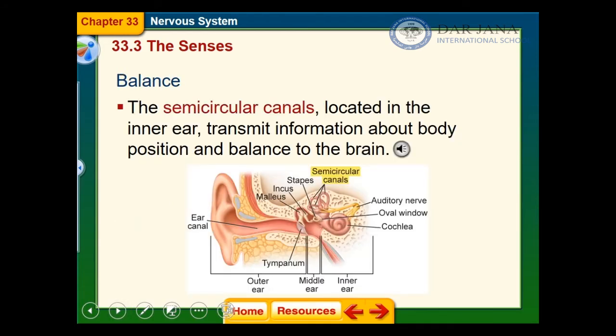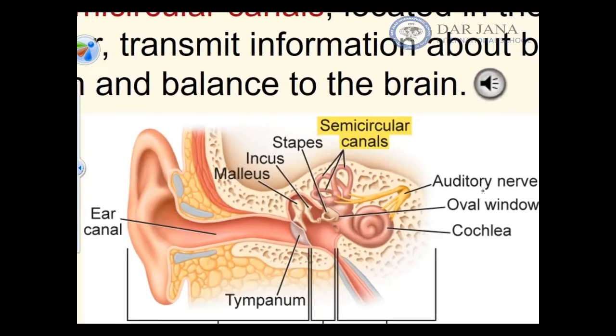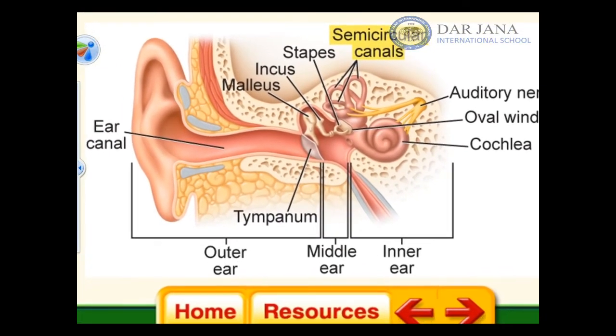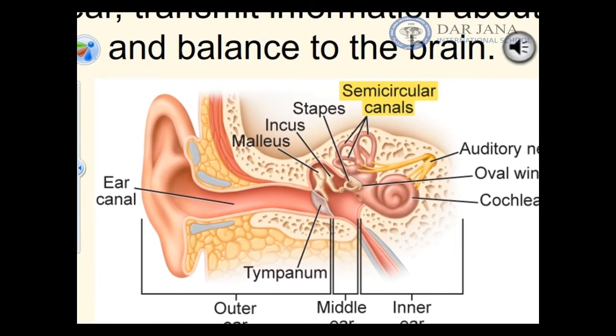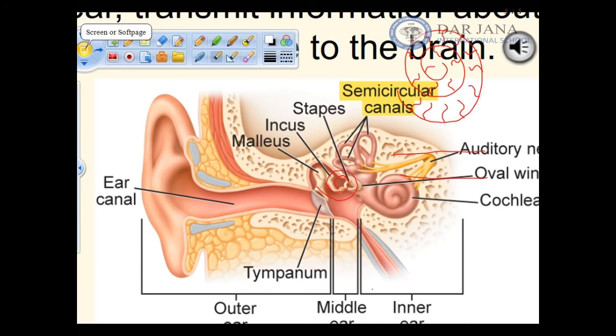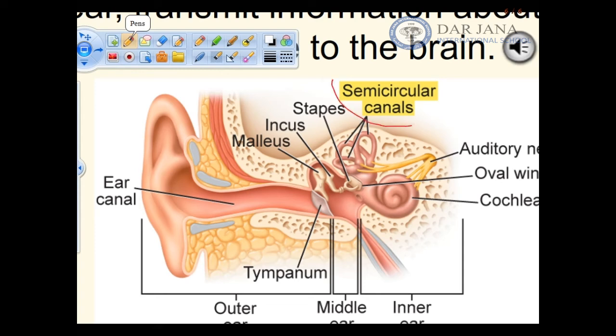It's a new idea for you, the balance that is associated with the ear. If you noticed, above the cochlea we have the semicircular canals. Actually, their number is 3: 1, 2, and 3.